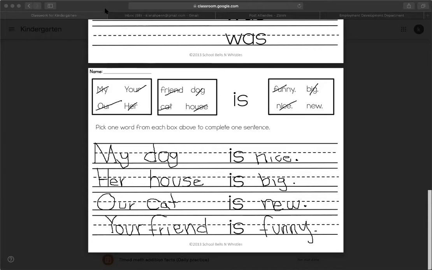Your cat is funny and big. So nice. This is nice. Your cat is nice.